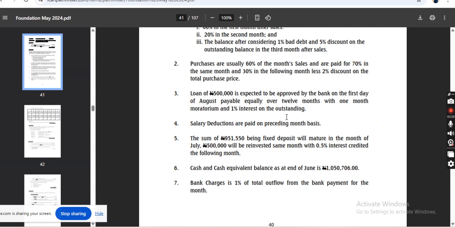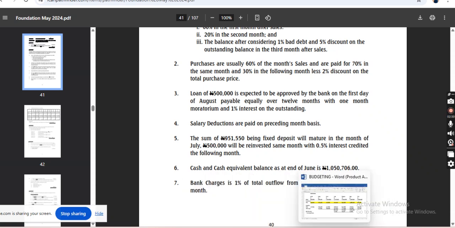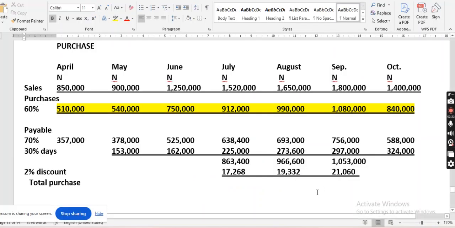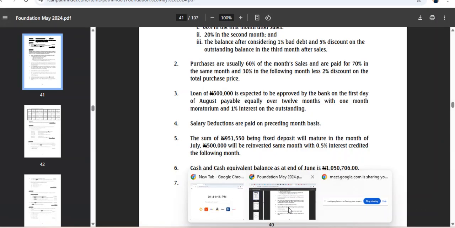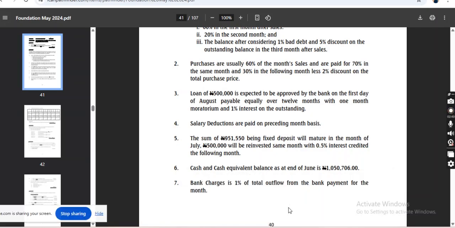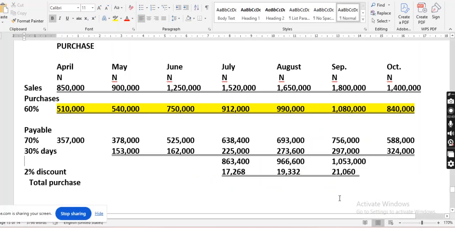Class, the total purchase price is what? Without saying that this is 70%, what is the total purchase price, class? So the total purchase price is 510, 540, 575, 912, 990, and thereabout, right?